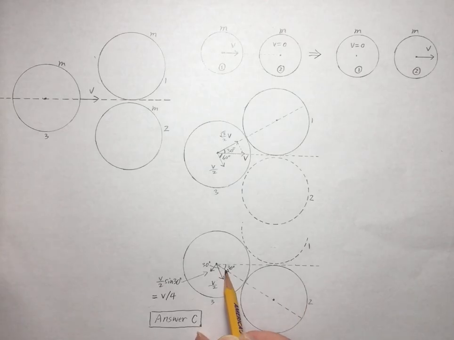So this is v over 2 cosine 30 degrees. This speed component will be given to disk 2. So the remaining speed for disk 3 will be v over 2 sine 30 degrees, which is v over 4. So after collision with disk 2, disk 3 will go along this direction at a speed of v over 4.